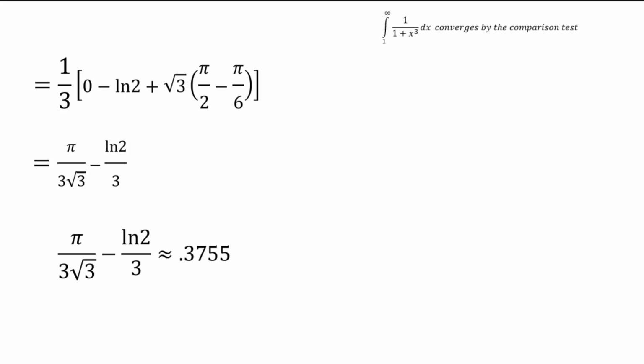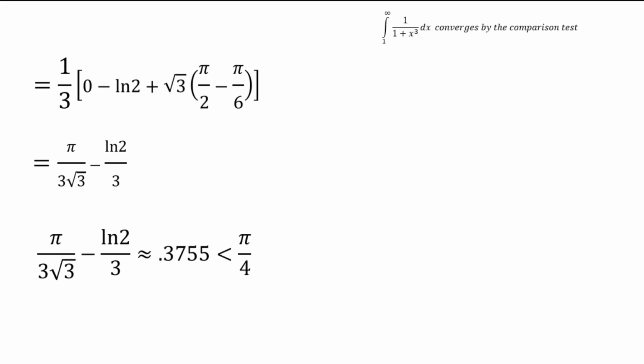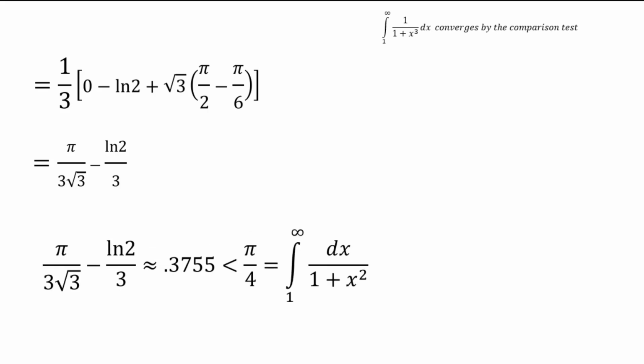So this is going to be around 1/3, a little bit bigger than 1/3, which is certainly less than pi over 4, which is closer to 3/4. Well, why does that matter? Because pi over 4, I know, is the improper integral from 1 to infinity of 1 over 1 plus x squared. Because that's the limit as t approaches infinity of arctan of t.